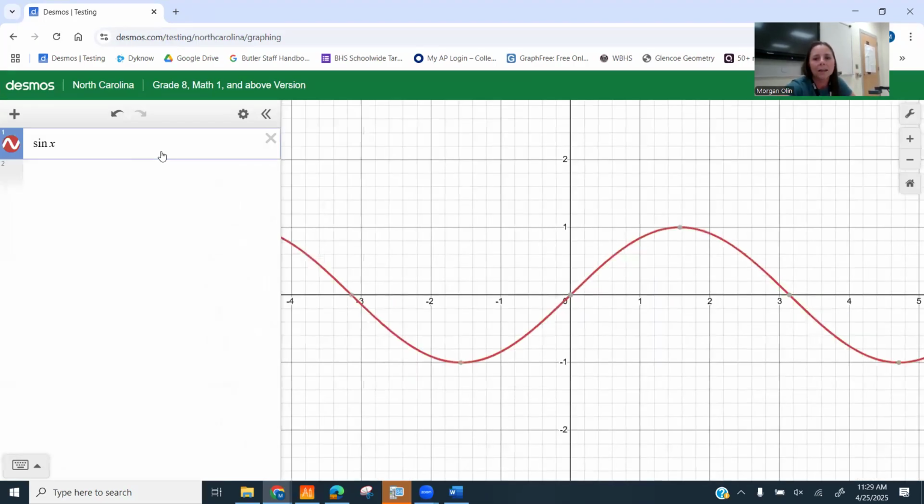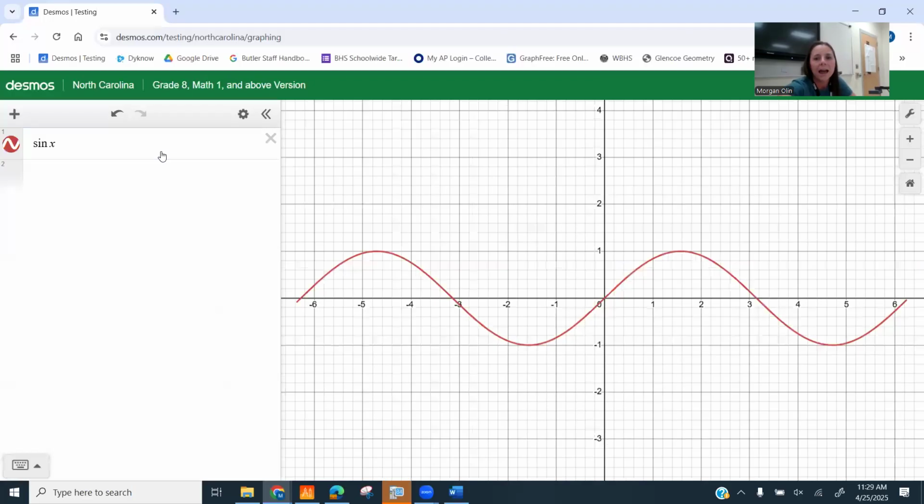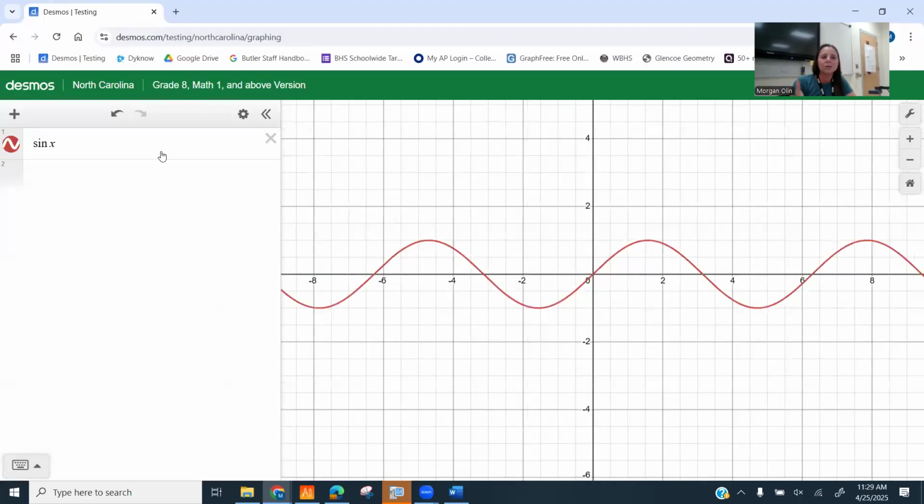Now, we don't know exactly where this hits, but when you're doing these, it does make it nice. A lot of times they do decimals for things, but Desmos, when you start talking about pi and 2 pi, sometimes it actually hits. If you notice right here, from 0 all the way to 2 pi, that is one cycle.